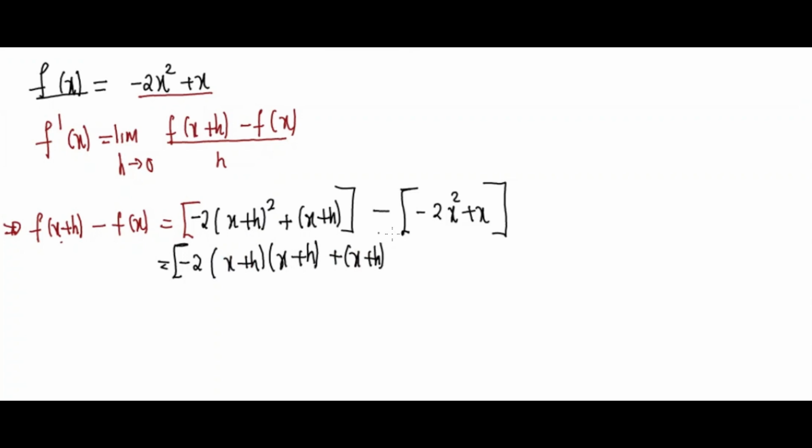So for simplifying, we can distribute this negative into the brackets. So negative times negative 2x squared is positive 2x squared. And negative 1 times positive x is minus x.